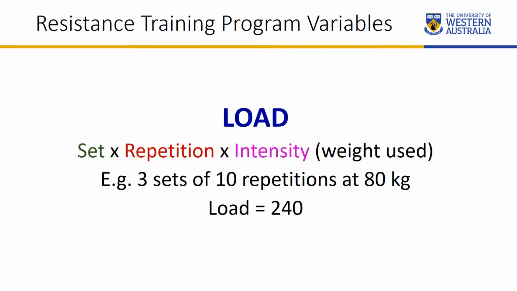The total load for this exercise will be 2400. Keeping records of intensity, volume, and load allows an individual to track their progress and improvement over a period of time.